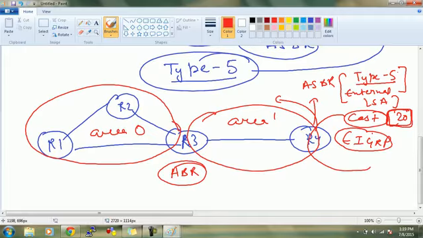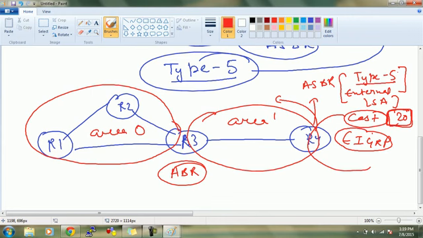ABR will always generate type 3 LSA. Purpose of type 3 LSA? Inter-area communication. ABR will advertise networks of one area into another area with the cost to reach those networks. Cost कितनी है मेरी उन networks तक पहुंचने की? दो information होगी अब type 3 में.